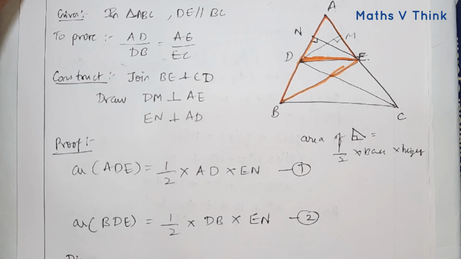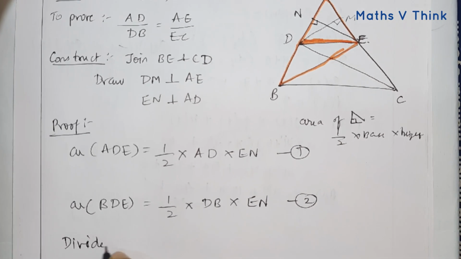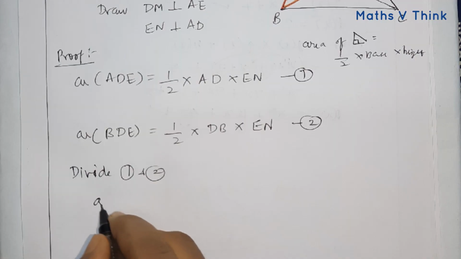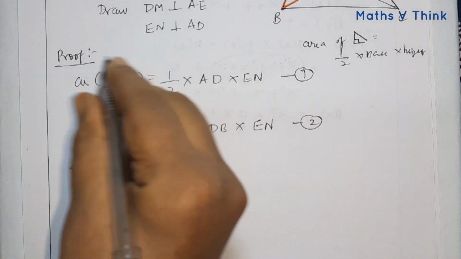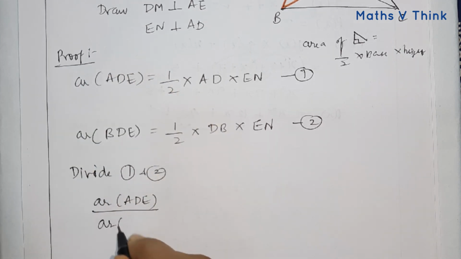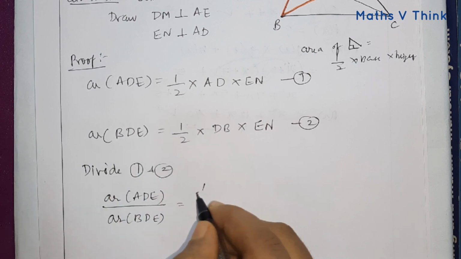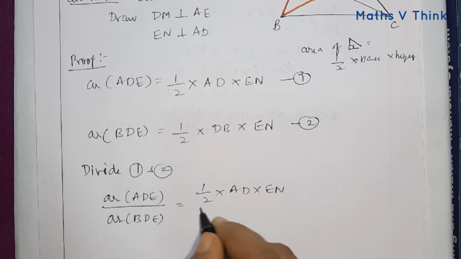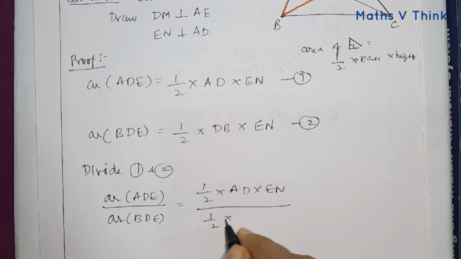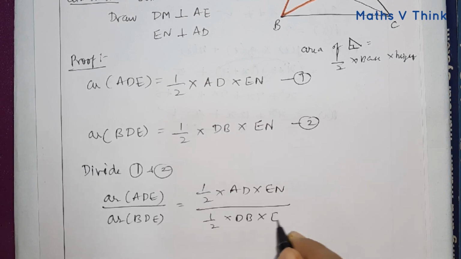You divide 1 and 2. Area of ADE divided by area of BDE is equal to half into AD into EN divided by half into DB into EN.